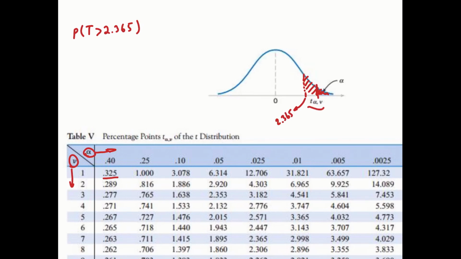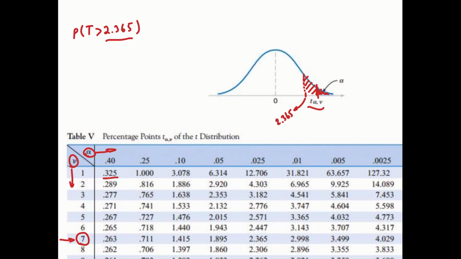So what we need to do is, first of all, the problem says degree of freedom is 7. Degree of freedom is 7, so we've got to go to the 7th row. That's the degree of freedom. And we have to find this 2.365.